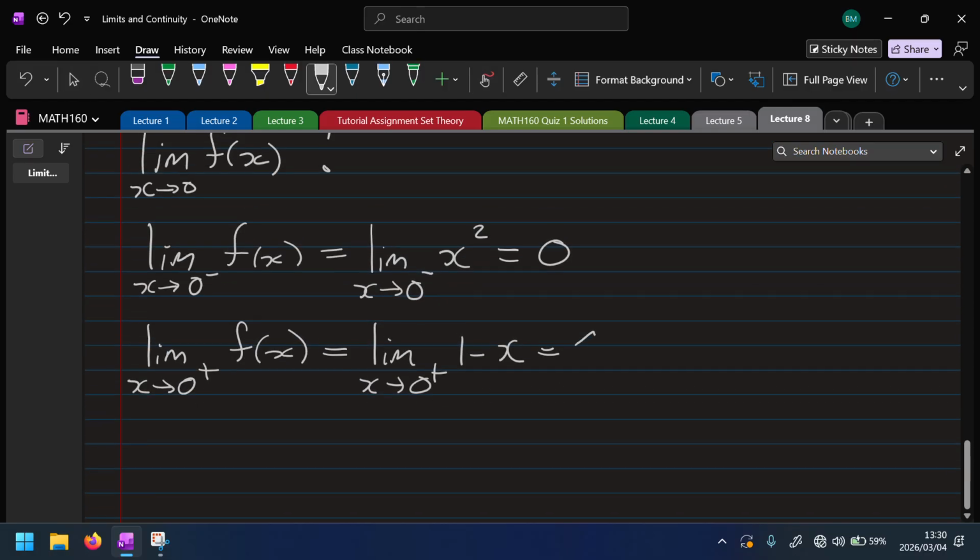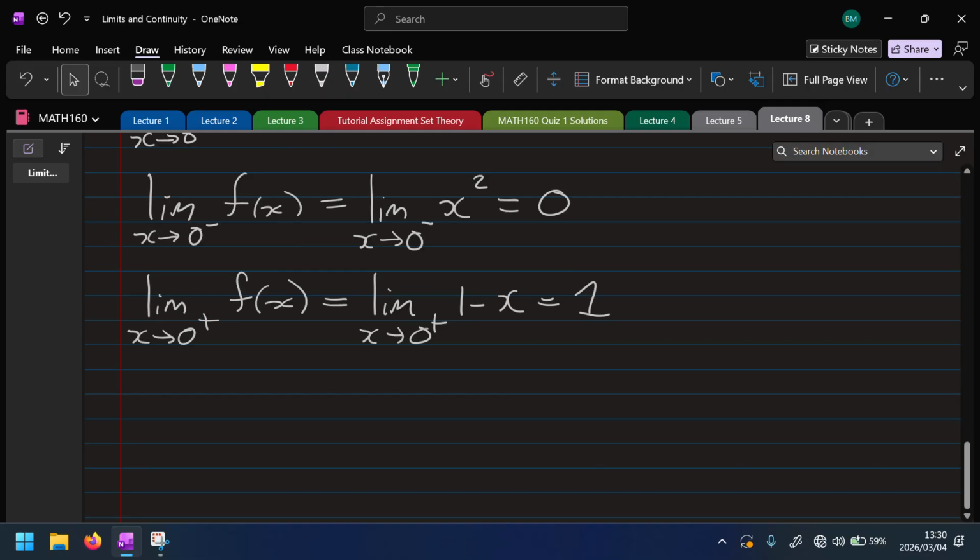Now we check. By the definition of the limit, the limit exists if the left limit is equal to the right limit. So here, the left limit is 0, the right limit is 1. So what can we say about the limit? Does not exist. So left limit does not equal right limit.